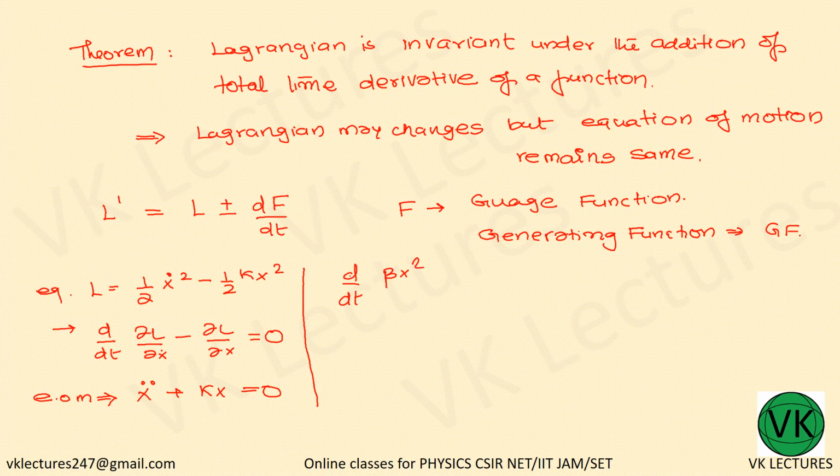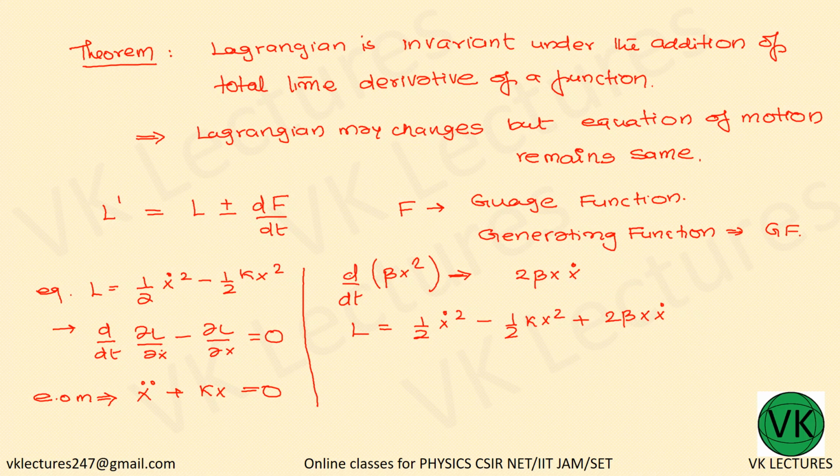So beta x square is the function, so its derivative will be equal to 2 beta x x dot. If we are adding this particular term to the Lagrangian, let us see what happens. So Lagrangian is equal to half x dot square minus half kx square plus 2 beta x x dot.